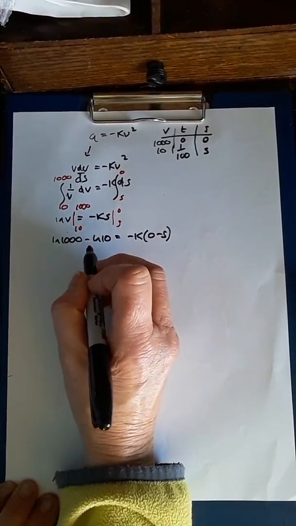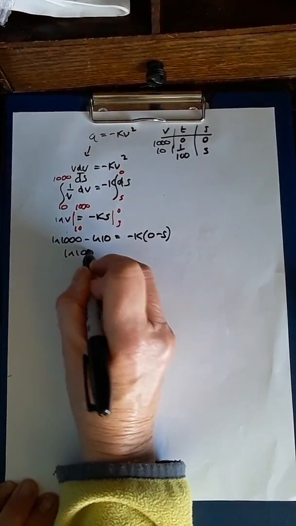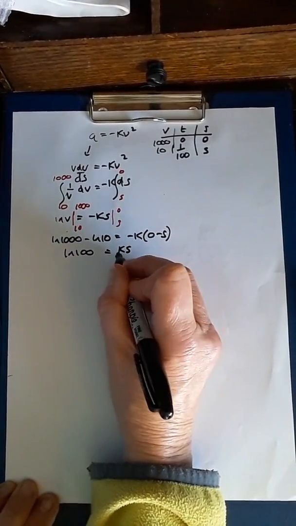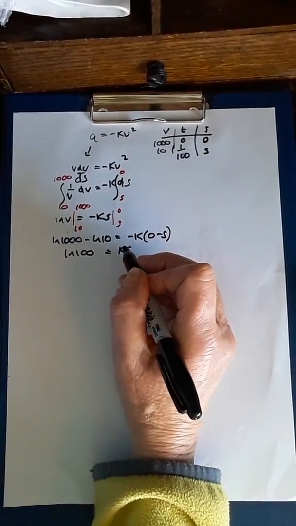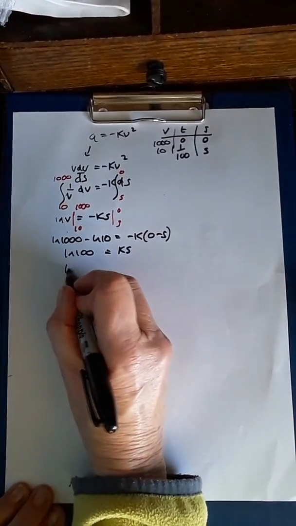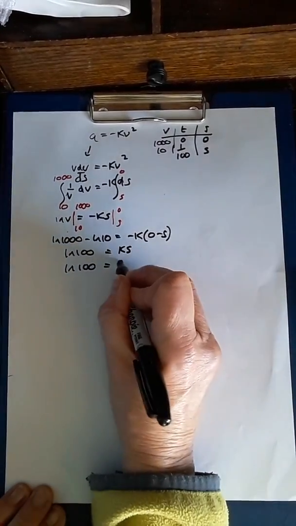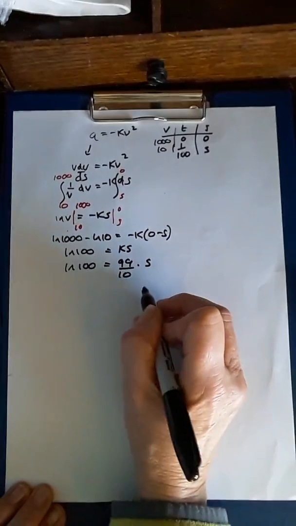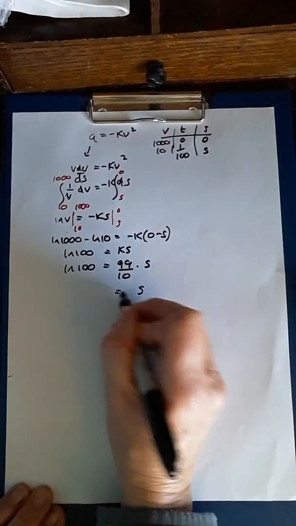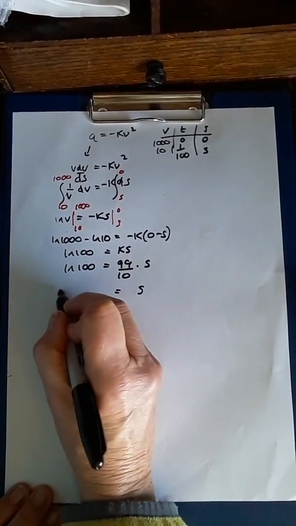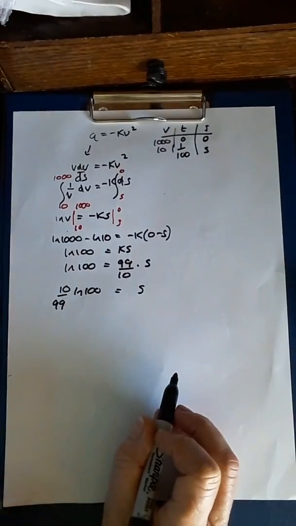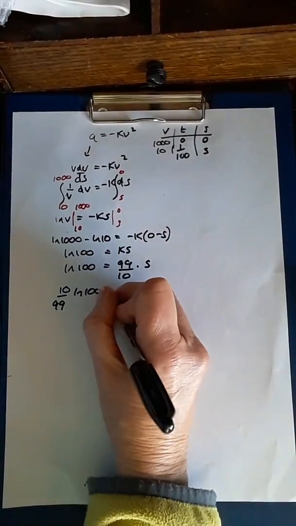So that will become the ln of 100 is equal to k times s. So k, I know from the first part, is 99 over 10, wasn't it? So the ln of 100 is equal to 99 over 10 times s. So s is equal to 10 over 99 by the ln of 100. And that's my distance, and that's of course in metres.